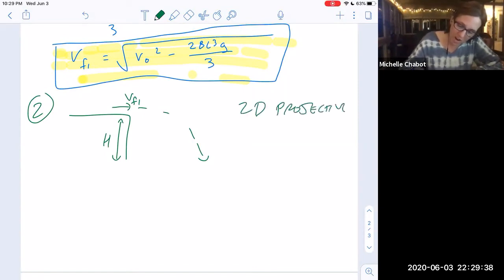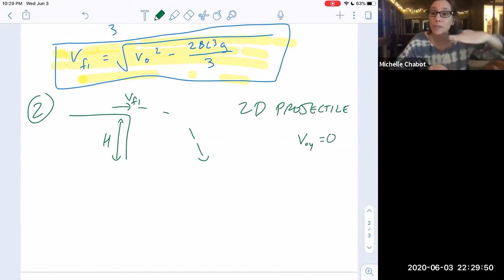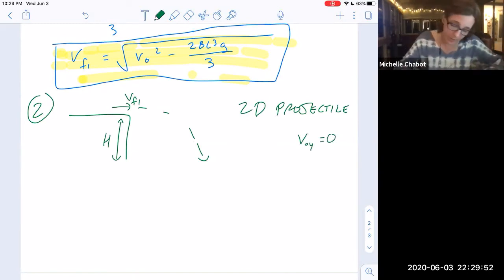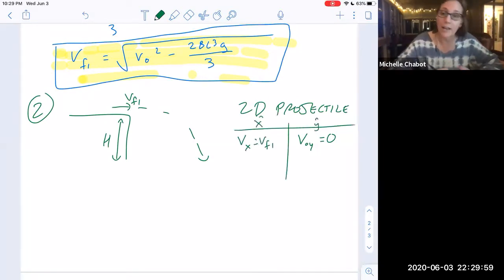I like to call it a horizontal launch to remind myself of the important thing to know, this hidden information, that v naught y is 0. It's going horizontally off the table. So Vx equals v final 1. If I divide up my x and my y in terms of what I know, my acceleration is negative g in the y direction.